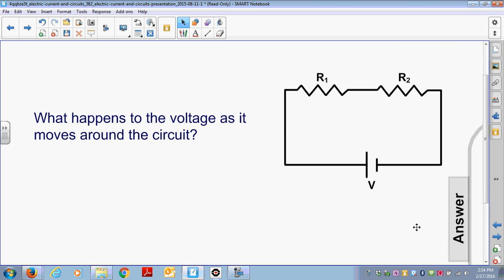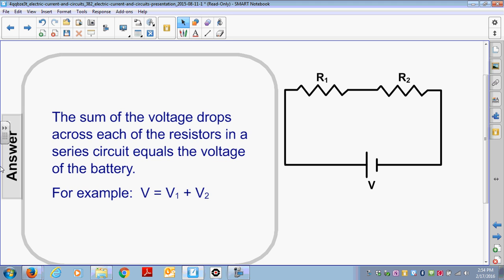That's a little bit trickier. The sum of the voltage drops across each resistor in a series circuit add up to give you the voltage of the battery. So this would be called V1, this would be called V2, I would be the current through both, and also through the battery.